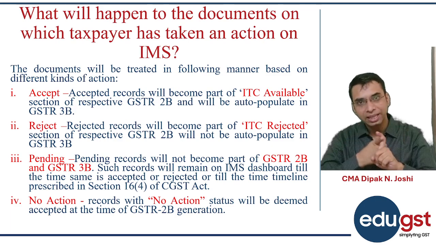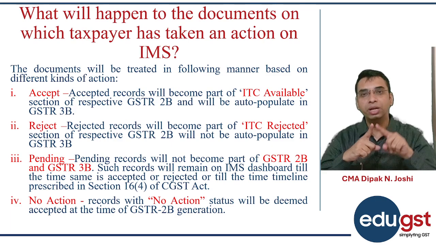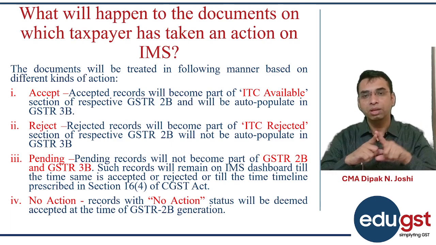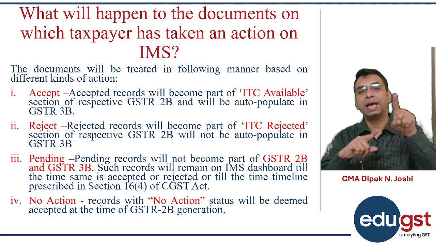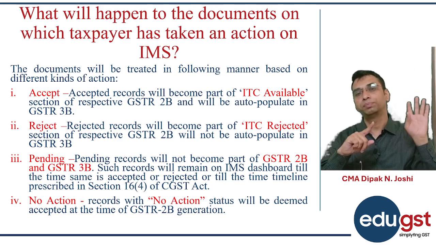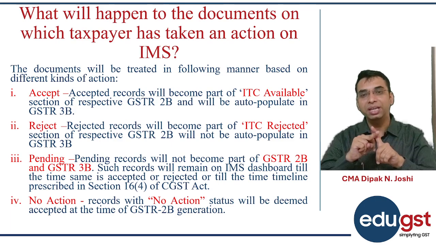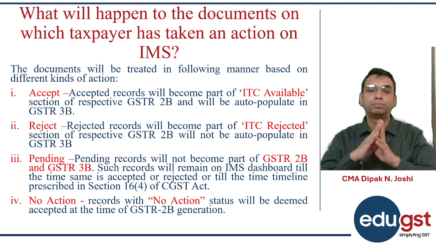So if you are accepting any record, it will go to your ITC available in GSTR2B. If you are rejecting any ITC, then it will go to the tab of ITC rejected. When you are accepting the record, it will go to the ITC available tab. When you are rejecting any ITC, it will go to the ITC rejected tab.